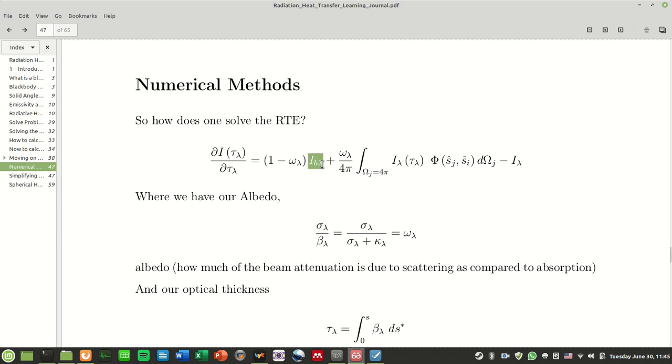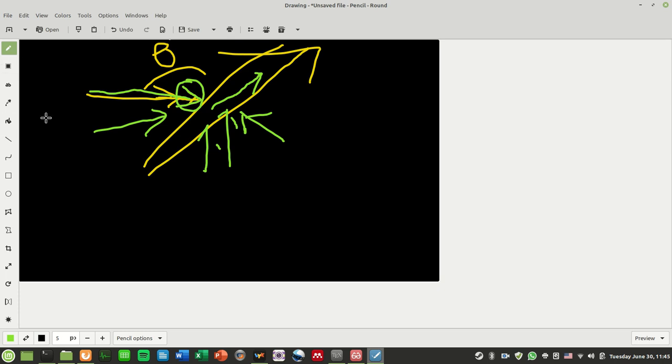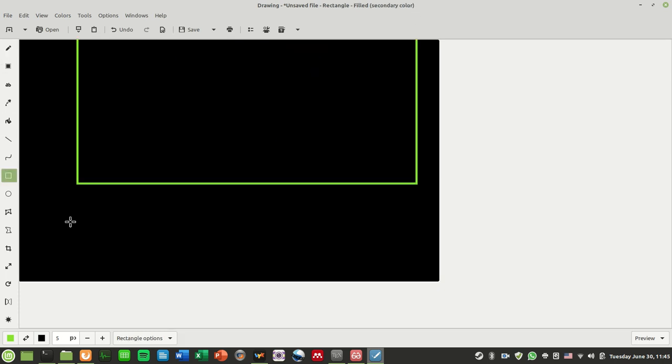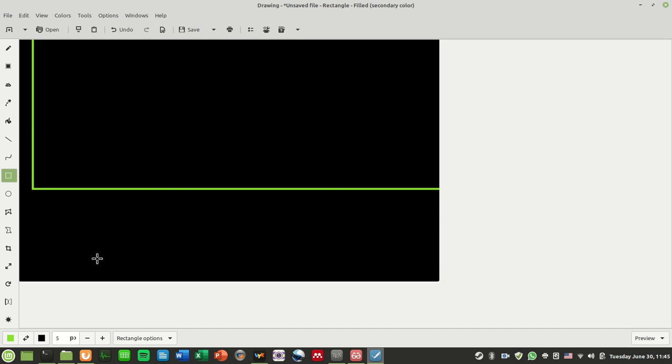Of course, the other reason why it is hard is because you won't know the temperatures of the medium, and that will affect your black body radiation. Let's say you have radiation traveling through some medium.